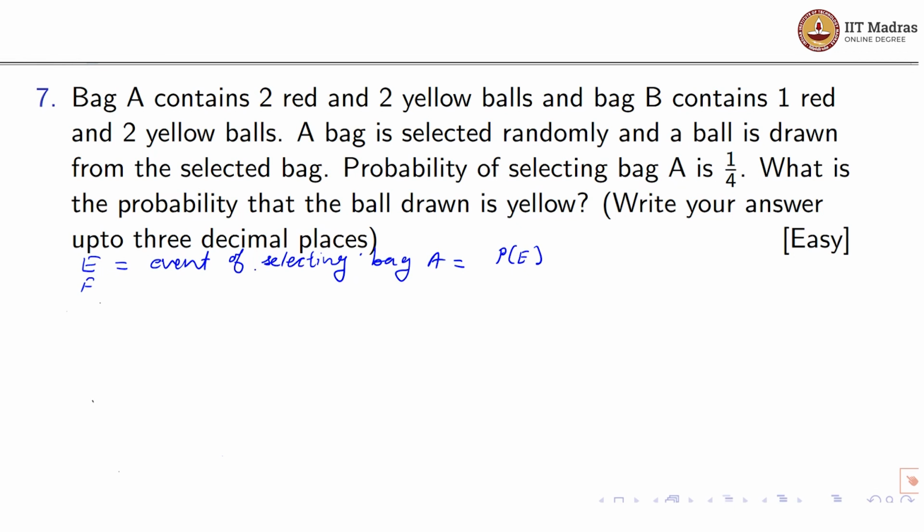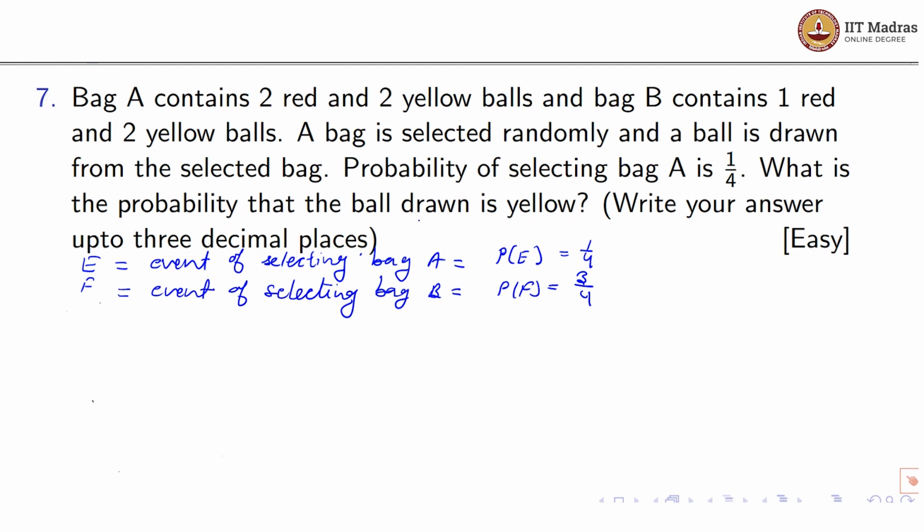And F I am defining as the event of selecting bag B. So P of F will be 3 by 4, since there are only 2 bags and he is selecting one bag randomly, and from that selected bag he is drawing one ball.